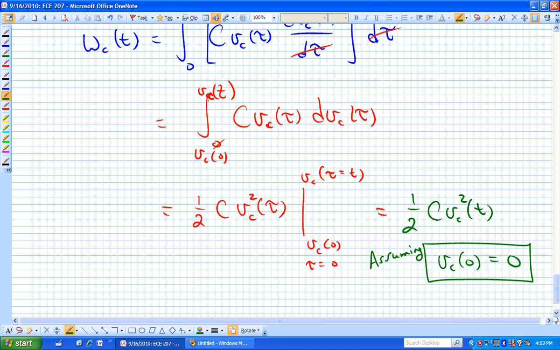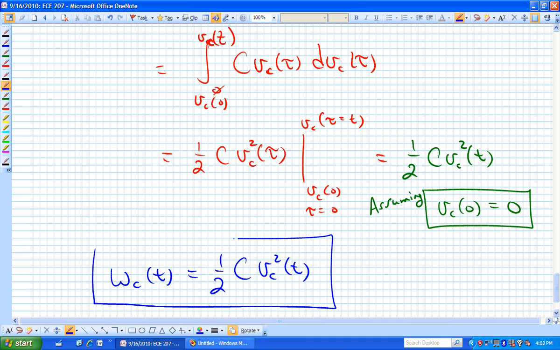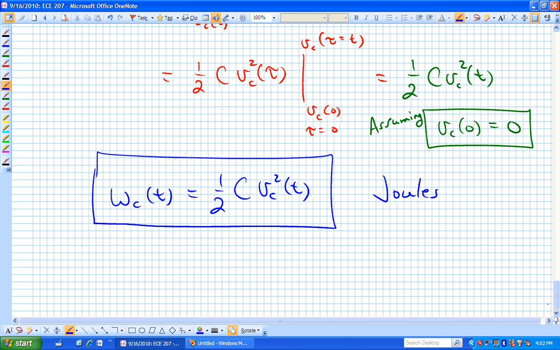So we had no charge on that capacitor, and so we had no voltage initially. And there's one formula that you might see quite often: the energy of our capacitor is now 1/2 C V sub C squared of t. And that has units of joules.